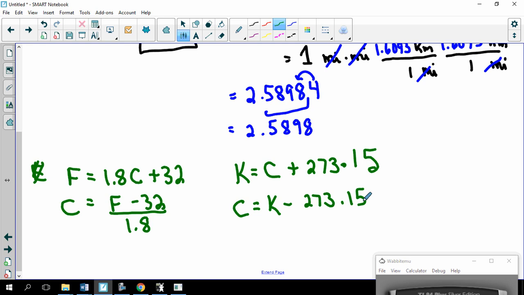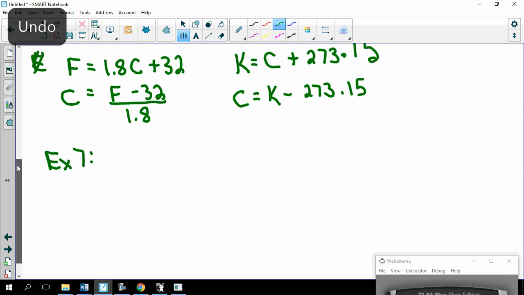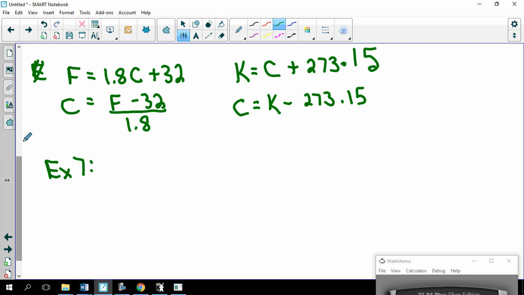All right, so we can do example 7. I don't know if I need to. Sorry about the undo there. But basically, if you have 98.6, the average temperature of the human body, I helped lower it.